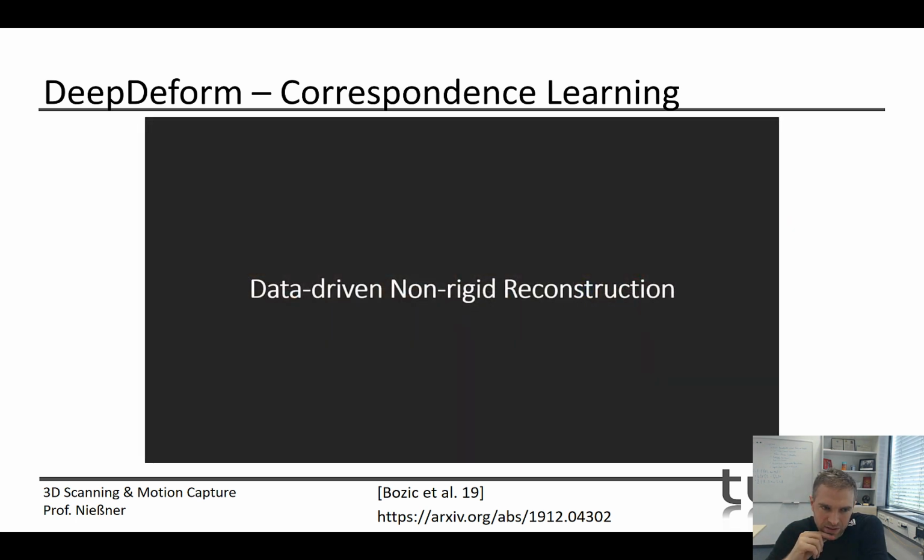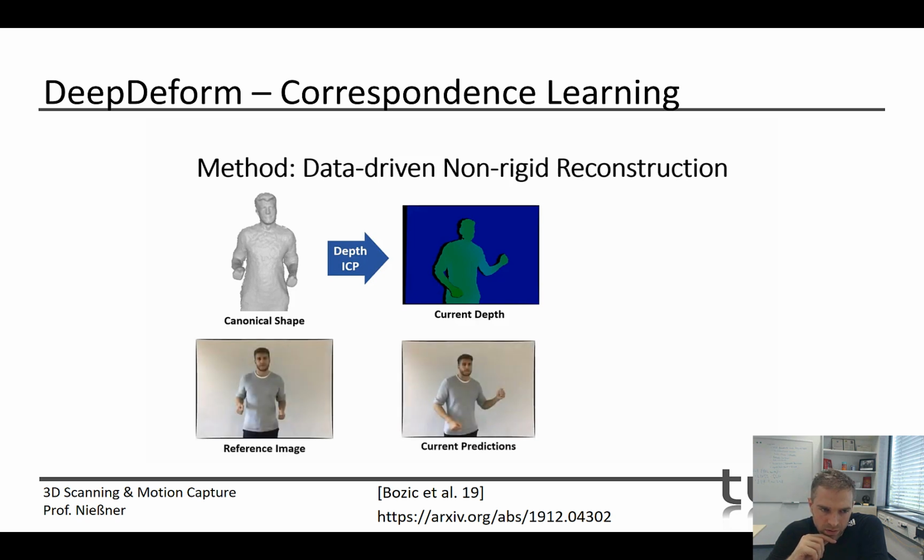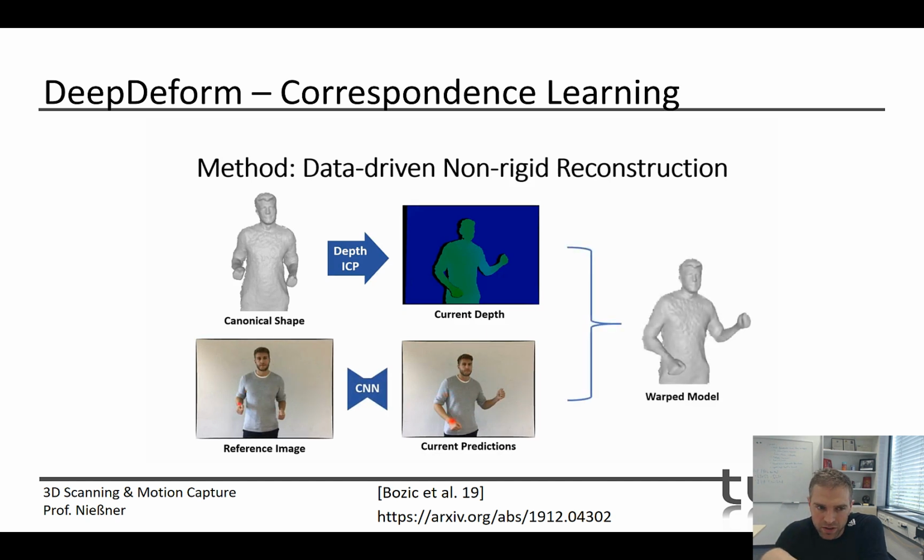Okay, and then here's the interesting part, basically the full reconstruction right now. Now we're gonna take these correspondences and the depth input in the ICP part. The current reference, so the current frame is being basically sampled. The network is run for each of these points.